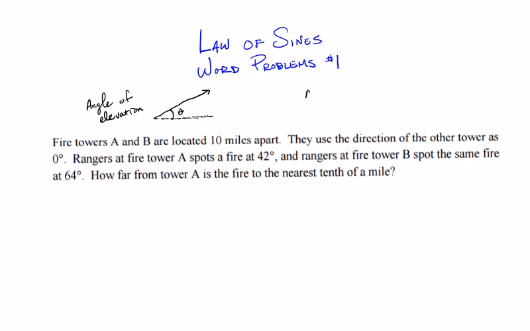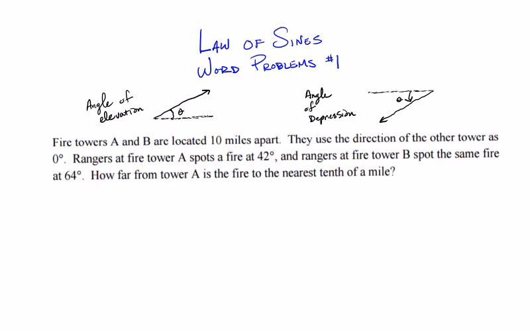Then there's also angle of depression. Angle of depression has a horizontal line as well, but then you're looking down from a spot, so from that horizontal you're looking down, so theta would go that way.